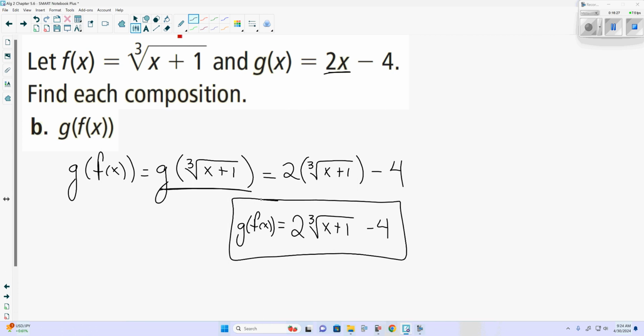Because if we wanted to, we technically could multiply the 2 in, but it's not going to make it any simpler. It's just going to make it a little more complex, because we'd have to change 2 into a cubed root so that they have the same radical, and then multiply through, but there's no point. We just leave it as this here. X plus 1 is not simplifiable with our cubed root, so that is as far as it goes. Questions on this here?